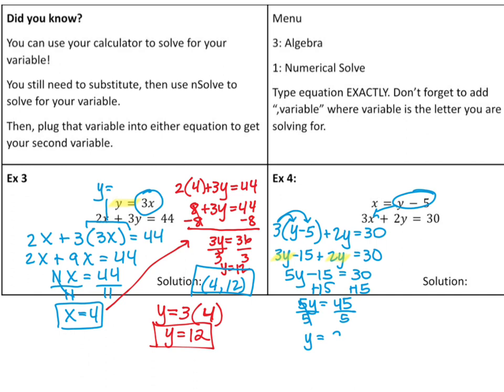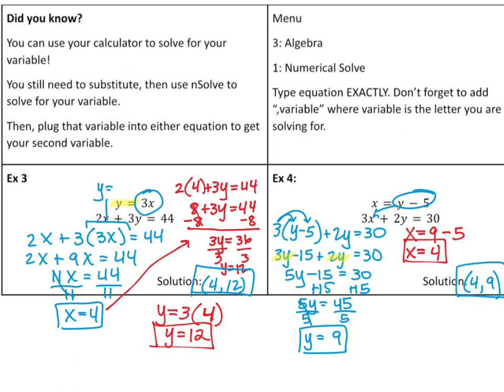Y equals 9. And now let's find what x equals. So x equals y, which is 9, minus 5. So x equals 4. All right, this is where the tricky part is. Make sure you're writing your x actually first instead of second. That would be 4, 9.